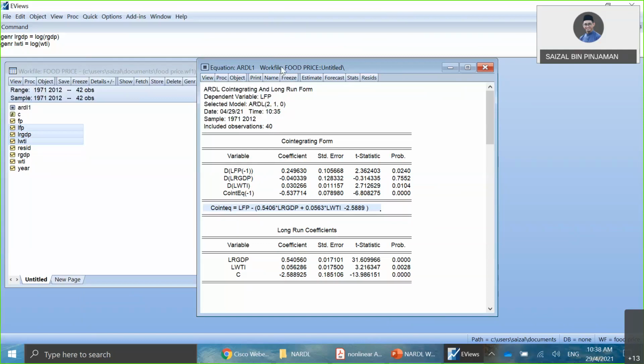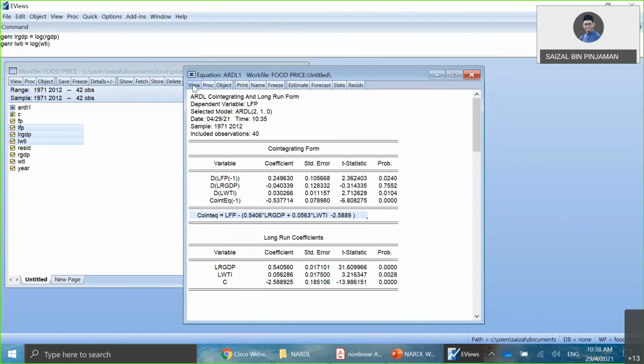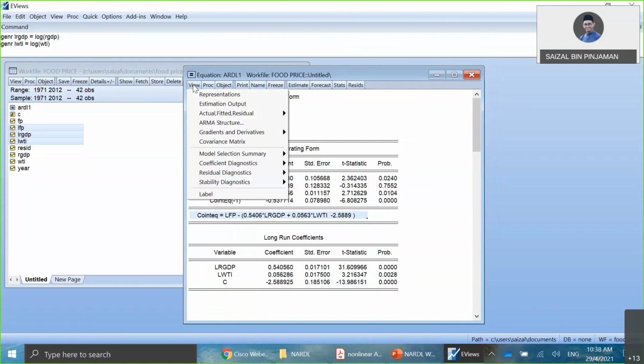Apart from that, based on this ARDL model, you can also run the diagnostic tests, just like I mentioned before. You can click view, and then residual diagnostic to check for heteroscedasticity and serial correlation. You can also run the stability diagnostic for the Ramsey reset test.